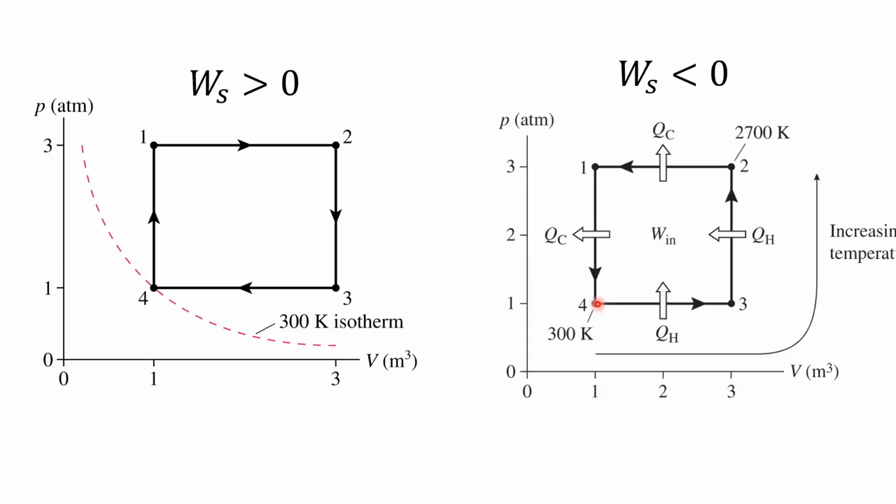So let's try to memorize the various volumes and pressures. It's a square, or a rectangle, which makes it easy. The volumes are 1 and 3 cubic meters, and same with the pressures, 1 and 3. So I think we can reconstruct all of that from memory, and I won't have to go back and forth between the spreadsheet and here. So 300 kelvins, and then 1 and 3 along the two axes.